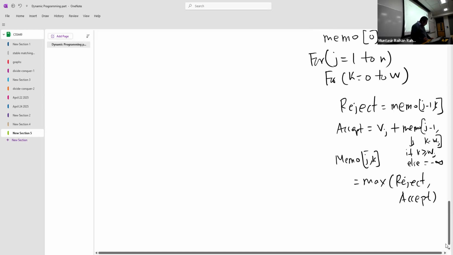And then once the for loop ends, I just return the memo at the last position, which is n and W, and that's my solution for the full problem. That's the value I return.